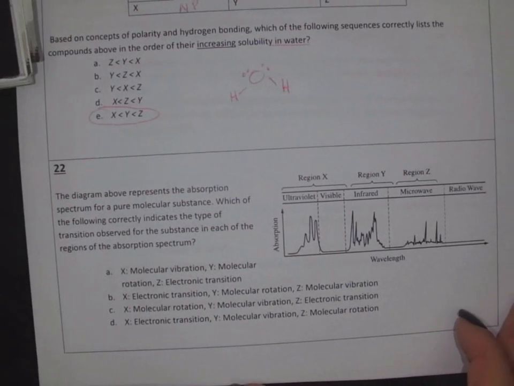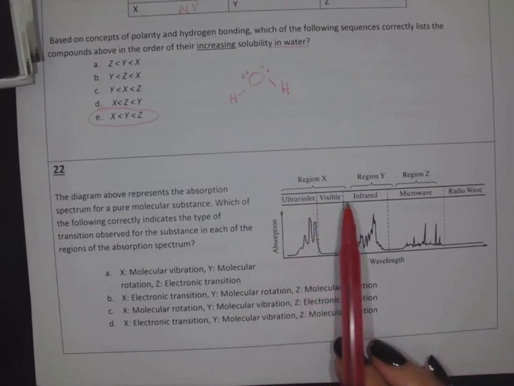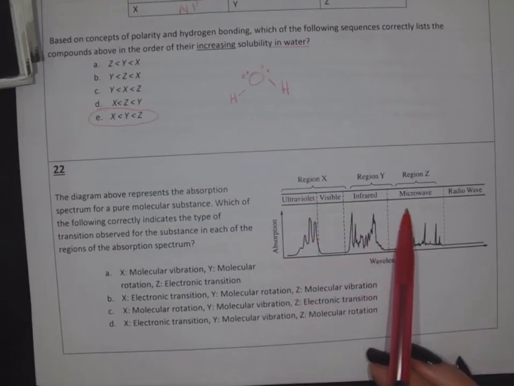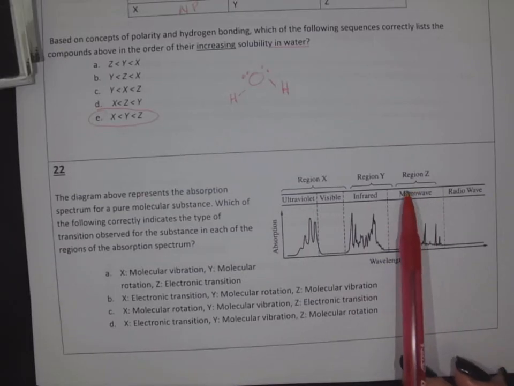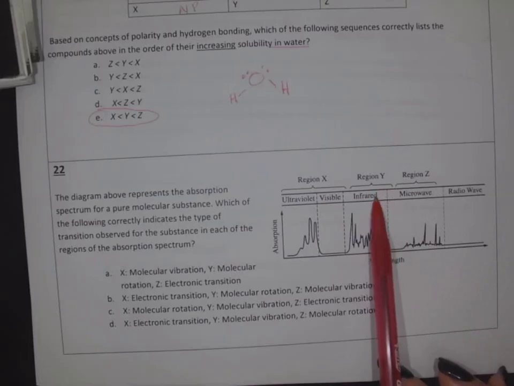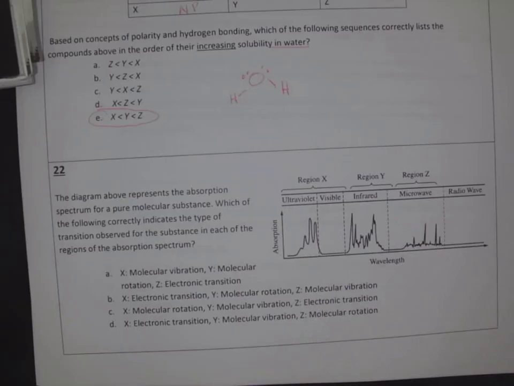Okay, it's been a hot minute since we talked about this one. So we have our ultraviolet, our infrared, and our microwave. Okay, so microwaves are less energetic than infrared. Infrared is less energetic than ultraviolet. So most energetic to least energetic.